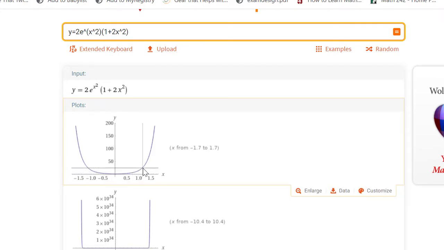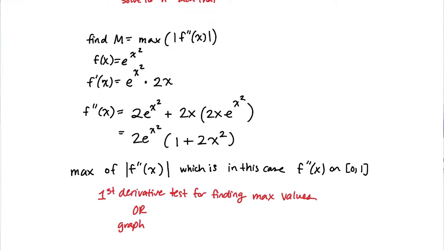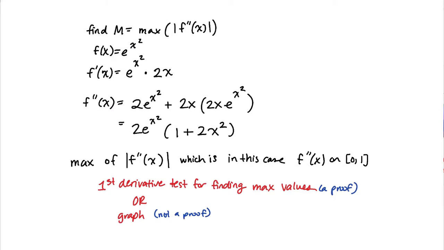I don't see any point where the derivative would actually be 0. So basically, we're going to achieve our maximum value at the endpoint of 1. Even though the graph is not necessarily a proof, it is helpful here. So we found that the maximum value is achieved at 1.